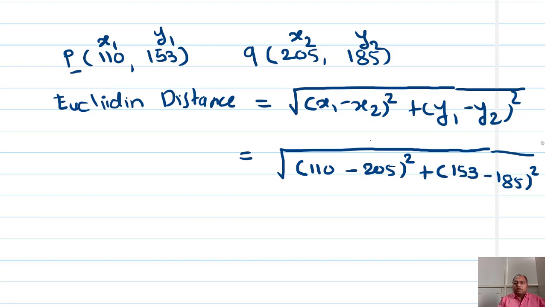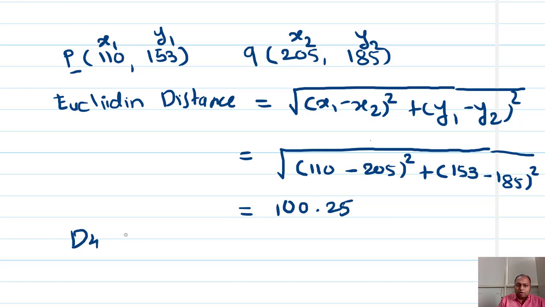Let us calculate it by means of a calculator: square root of (110 minus 205) squared plus (153 minus 185) squared. It is coming as 100.25.